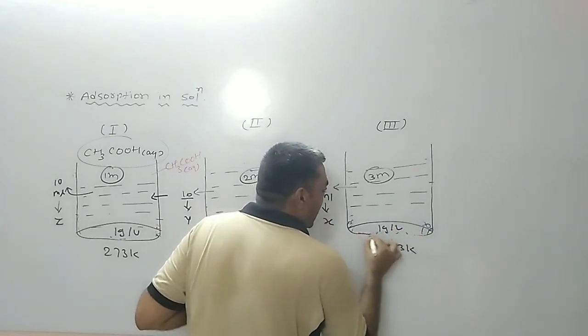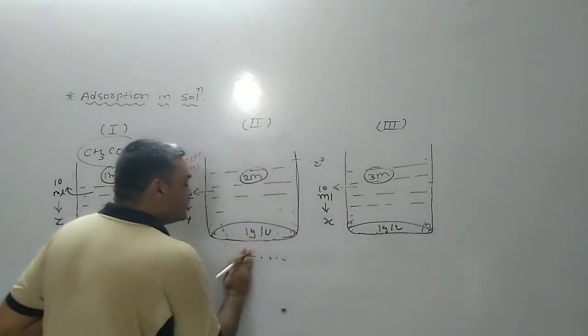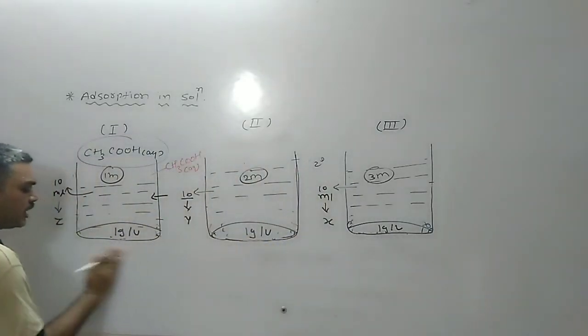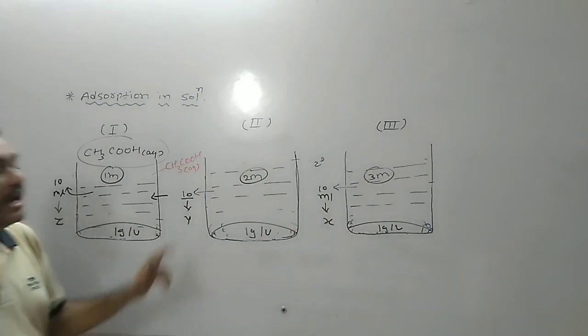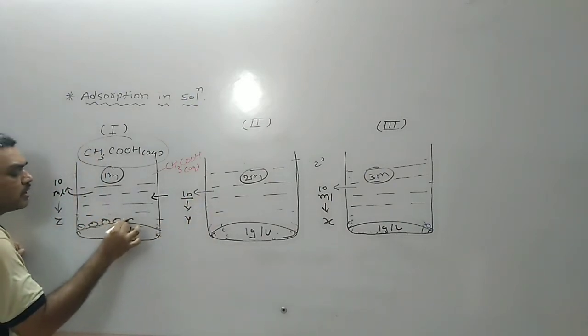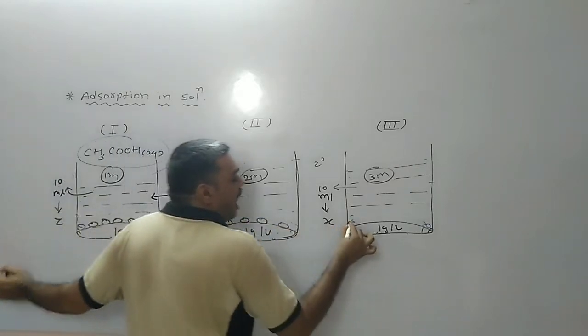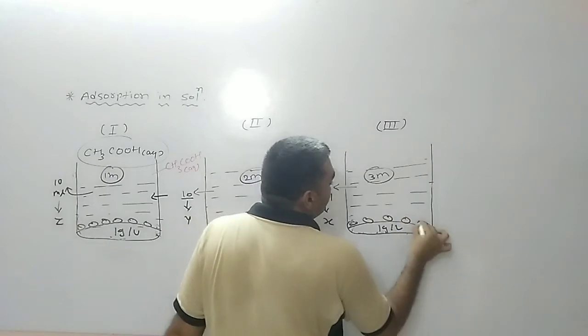This means surface area and mass of adsorbent become the same, and also temperature is the same, so in solution you will find the adsorption rate and adsorption proportion differ.